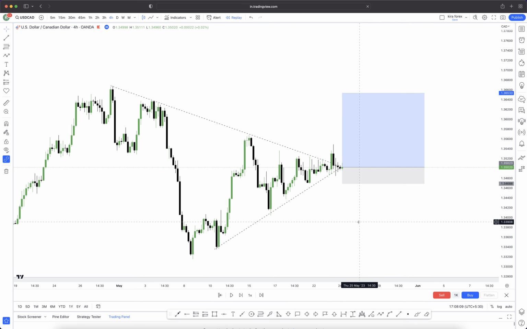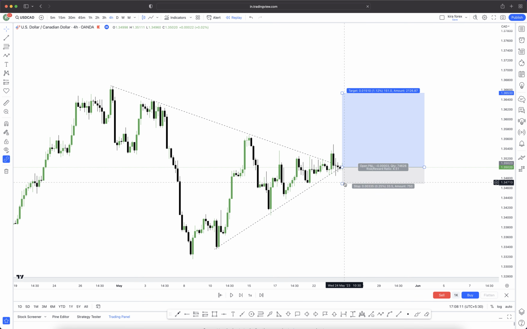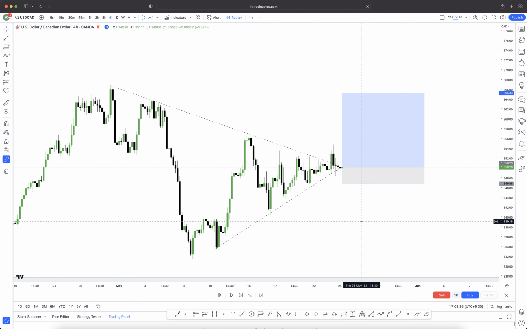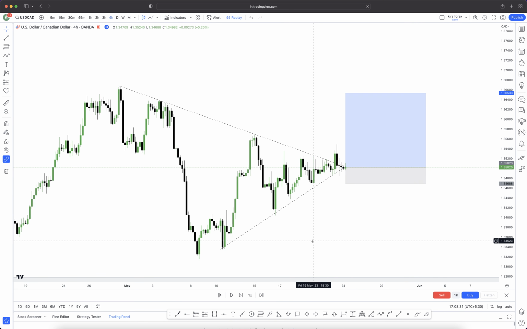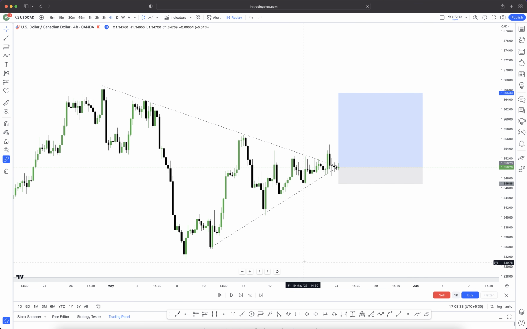So my SL will be below the trend line at the low, which has completed a bullish symmetrical triangle, and then I'll take my profit at the nearest support or resistance. If you are someone who has been watching my YouTube videos, I always tell you that if you want to take profit, make sure you take profit at the nearest support or resistance, because those points are the turning points of markets.